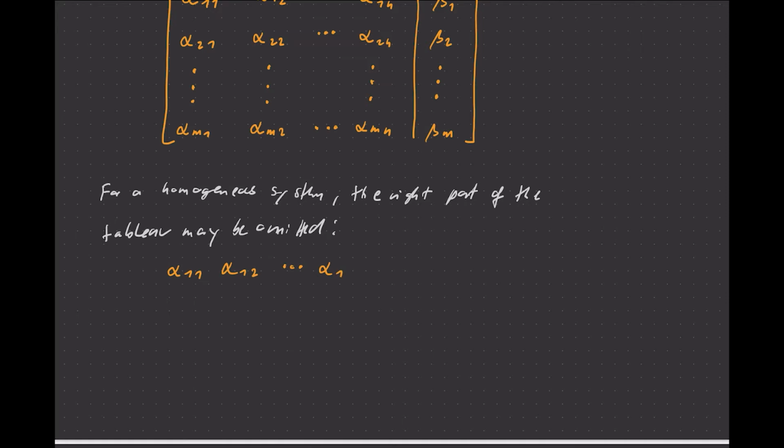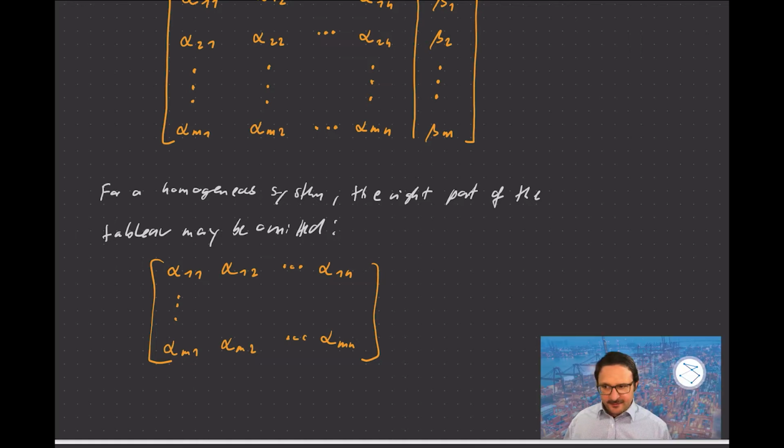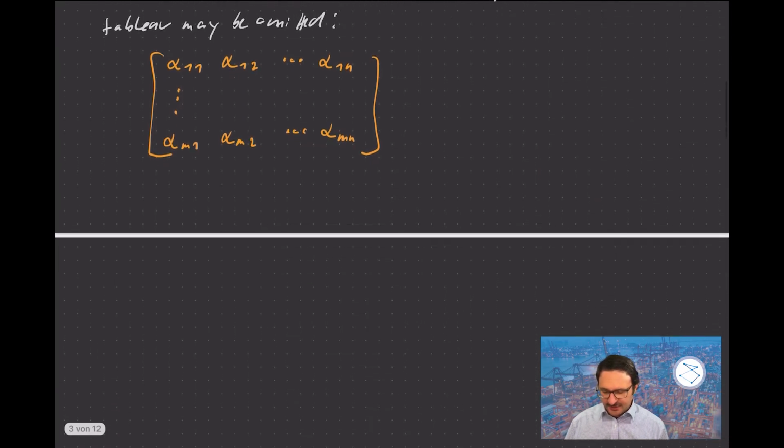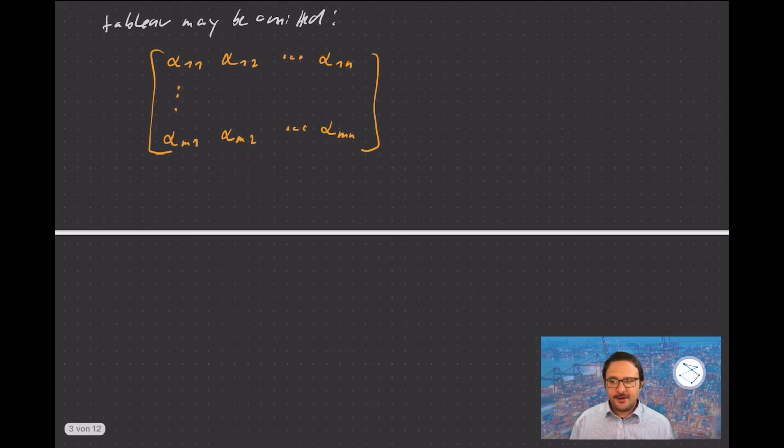Just the alphas. And no right-hand side. So that implies the right-hand side is 0. And that is a very, very concise form of writing down the system of linear equations. And it's also a form that is suitable for manipulations. If you want to do computations, you can do that very nicely using this form.